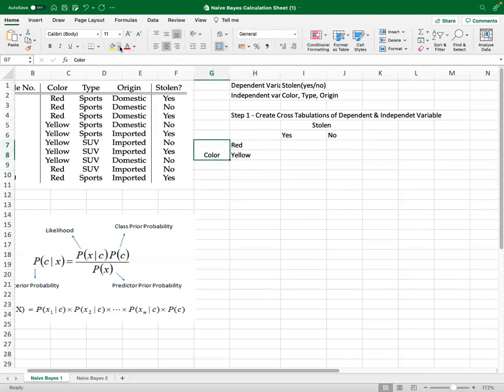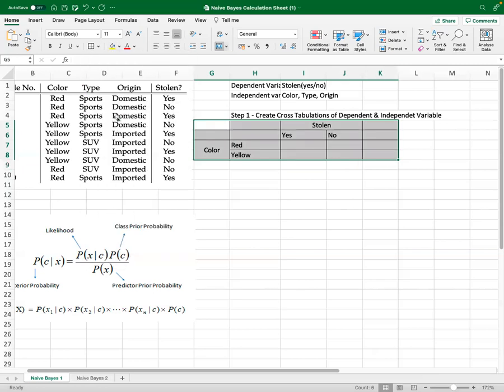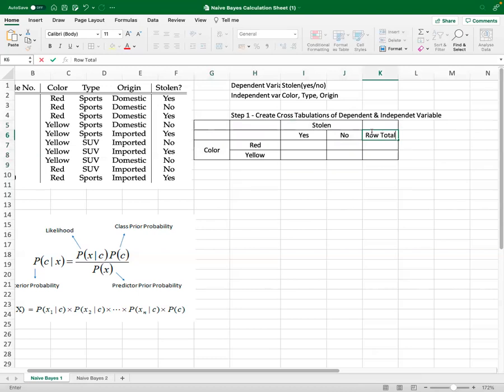Cross tabulation of color and stolen. We also need row total for calculating the probability.